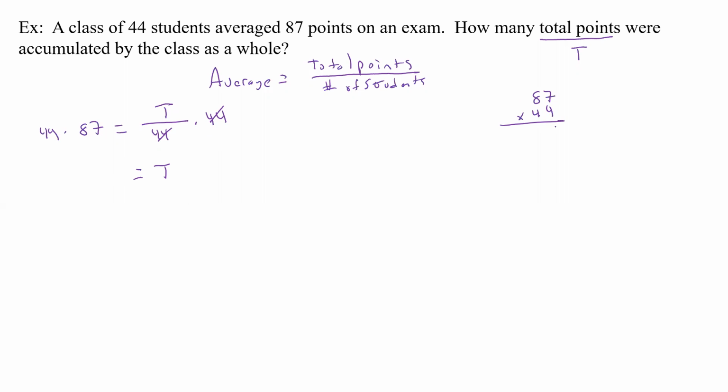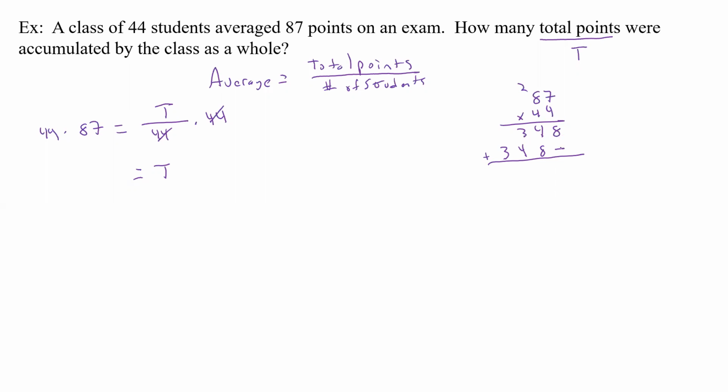Well, 4 times 7 is 28, carry a 2. 4 times 8 is 32, plus 2 is 34. And since those are the same numbers, we just use the same numbers here, as long as we're pretty sure we did it right.